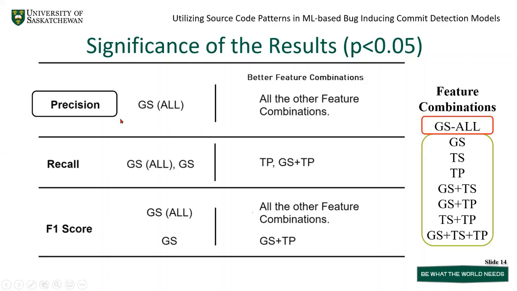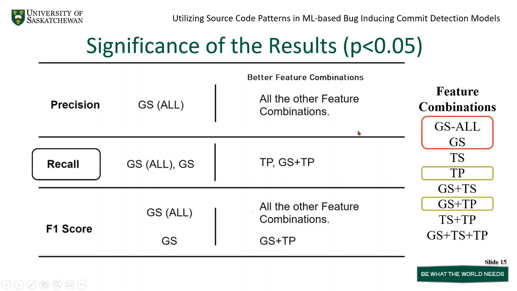If we consider the precision, we find that all the prioritized feature values perform significantly better than the non-prioritized feature values. If we consider recall, we can see that GS, prioritized or non-prioritized, did not perform significantly better than TP and GS plus TP. That means token patterns and the combination of GS and token patterns perform significantly better compared to both.